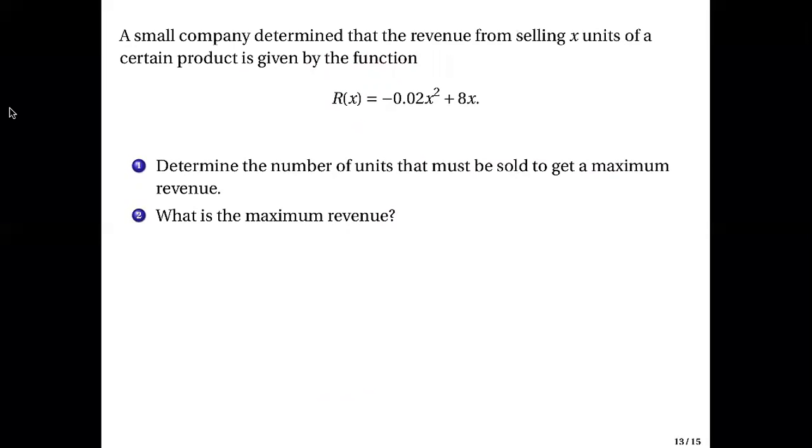The vertex is the maximum point. The coordinates of the vertex will answer these two problems. So the x-coordinate is the number of units that must be sold to get the maximum revenue. And then the y-coordinate is the maximum revenue.